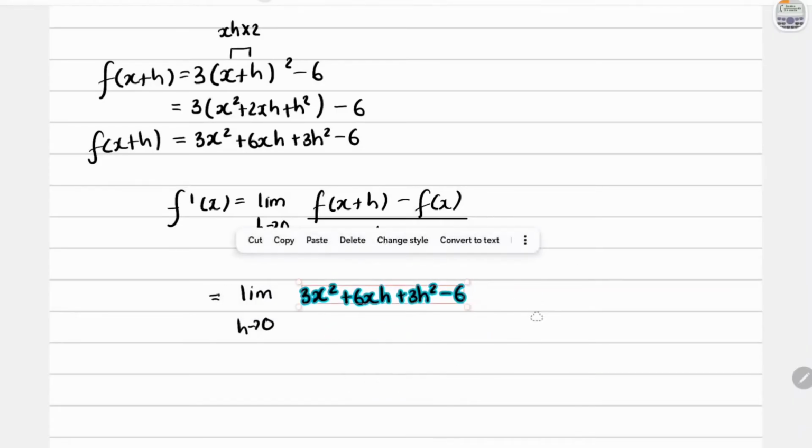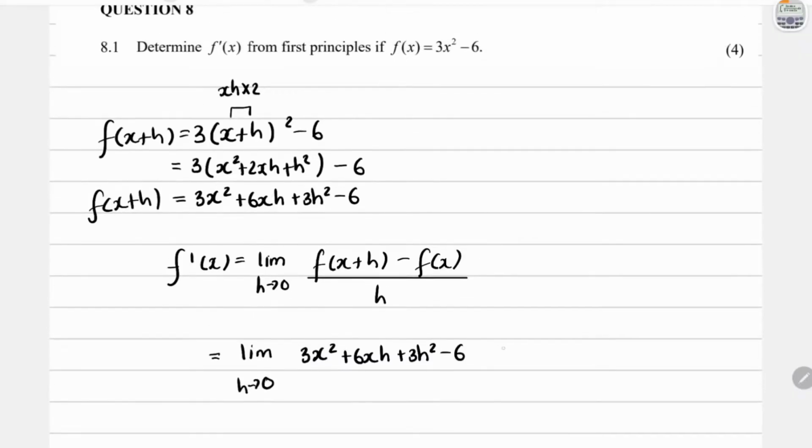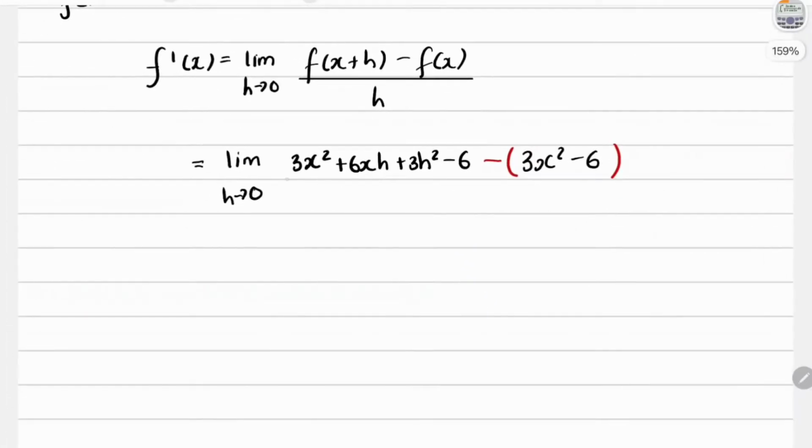So just be careful with this part because you can make little mistakes. And now we are subtracting f of x. Now f of x, as you can see, has 2 terms. Because you have 2 terms, you need to protect this with brackets. So we're subtracting by 3x squared minus 6, and all of this goes over h.